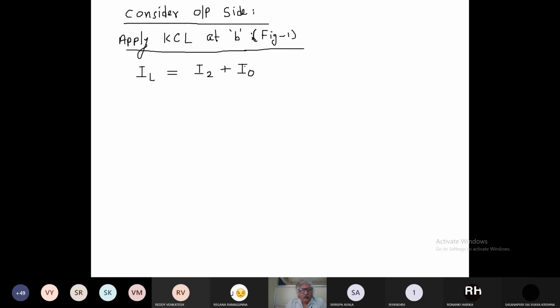Right? Now how we solved the input side, exactly in the same way, you try to solve this expression, right? And then you find out the Miller output impedance and name it as Z2, right? And if Z is a capacitance, then you find out the Miller output capacitance, right?